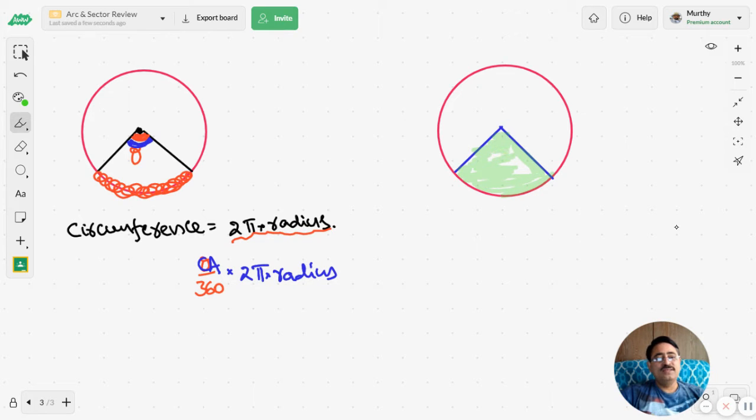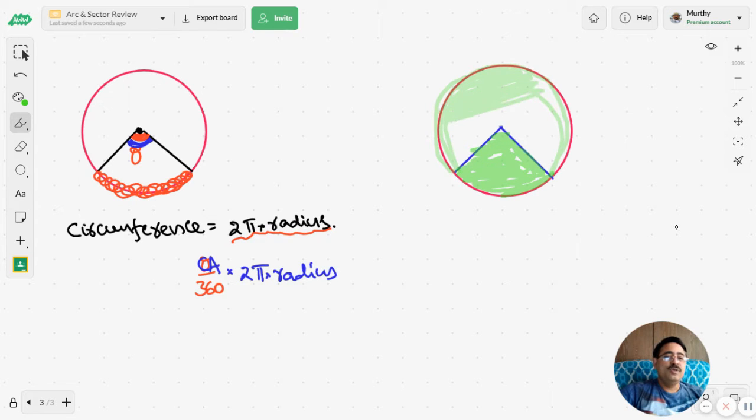Notice that this is not the whole. I'm not talking about the area of the whole circle.